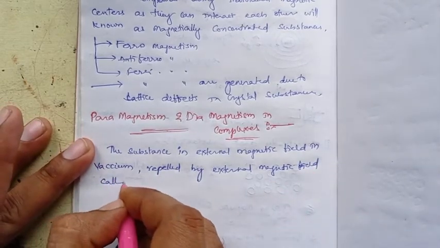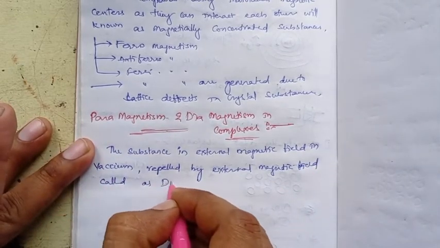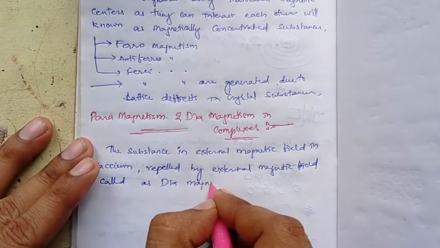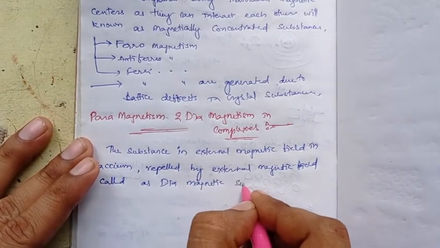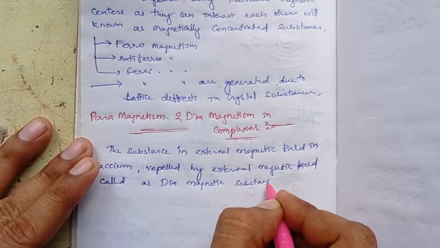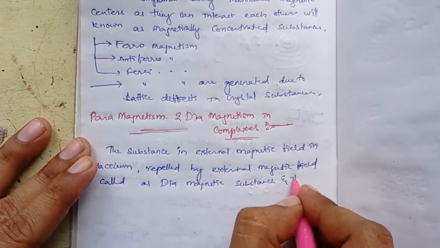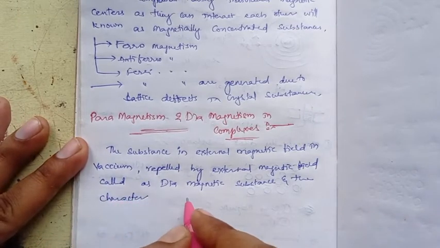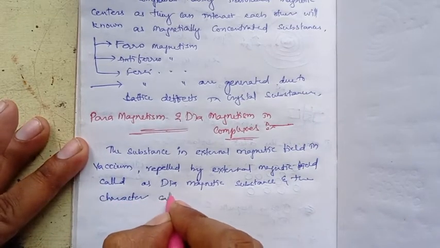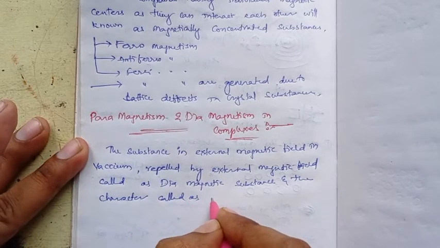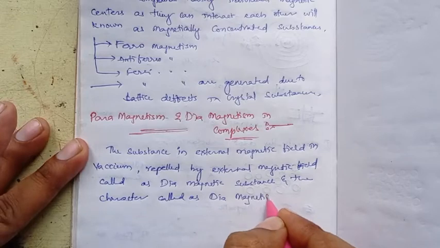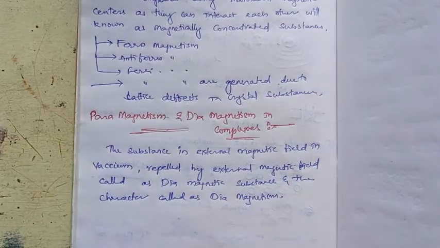It is called a diamagnetic substance, and the character is called diamagnetism, right?